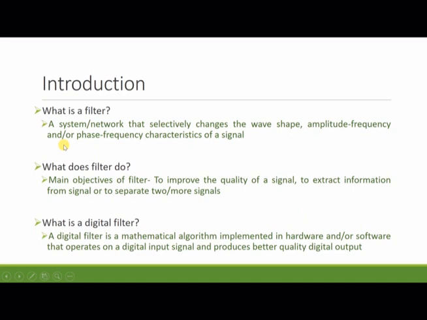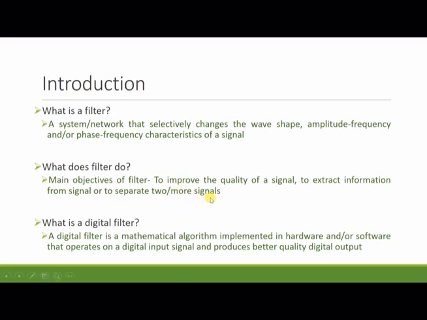So, what is a filter? A filter is a system or a network that selectively changes the wave shape, amplitude, frequency and phase versus frequency characteristics of a signal.